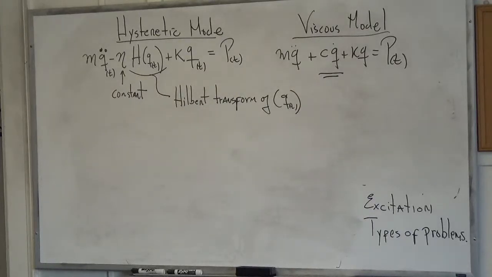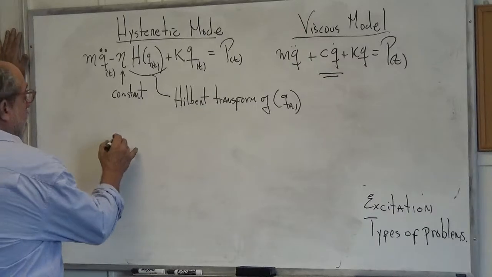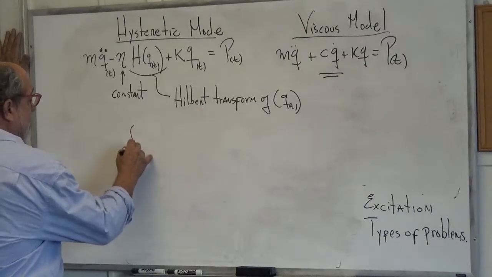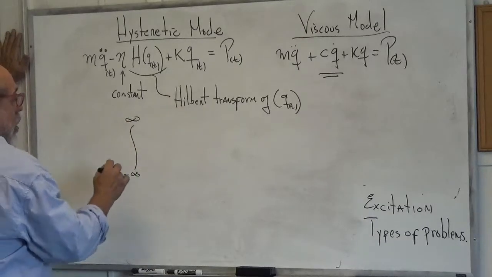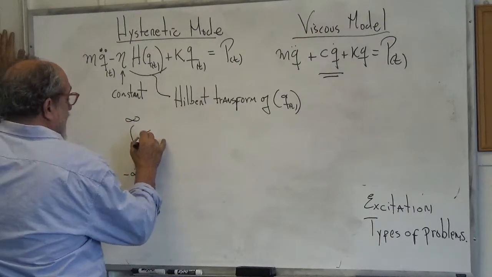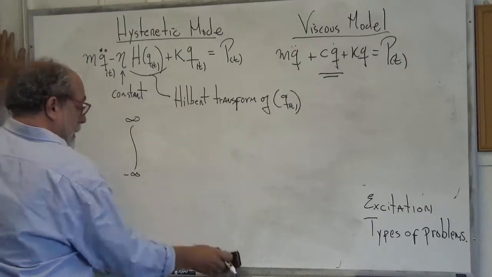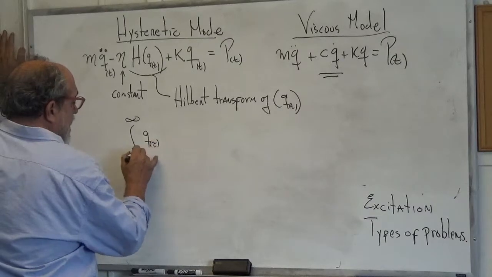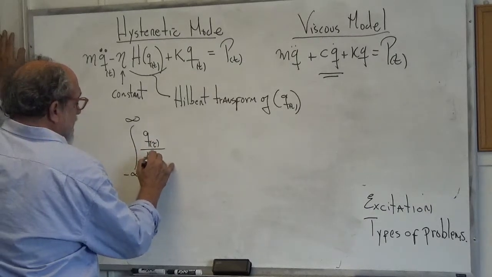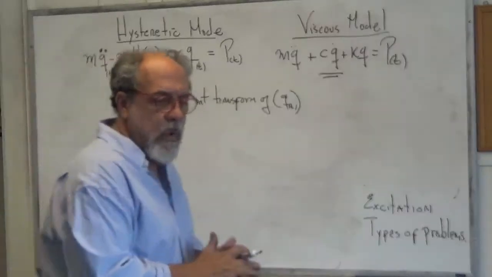Now, what is the Hilbert transform of the displacement Qt? Well, the Hilbert transform of any function is the integral from minus infinity to infinity of the function. Let me just use Qt. Q tau, t minus tau d tau, and if I remember correctly, there is a 1 over pi in the front.